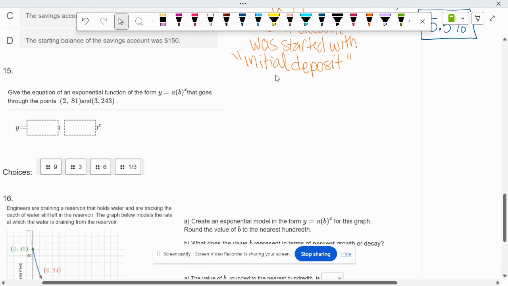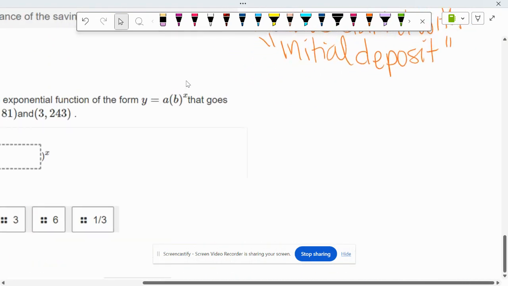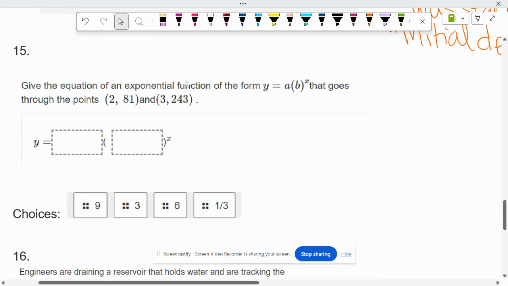Number 15. Okay, give the equation of the exponential function in the form y equals a times b to the power of x that goes through these 2 points. So look at your journal where we were constructing an exponential function.